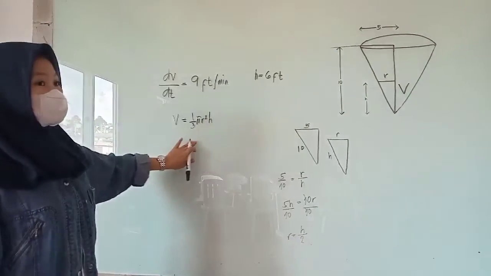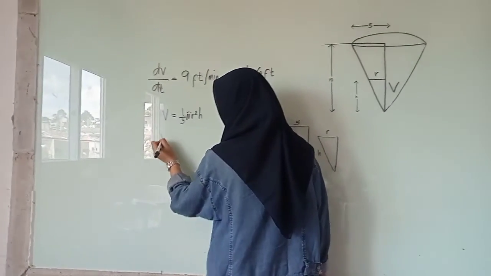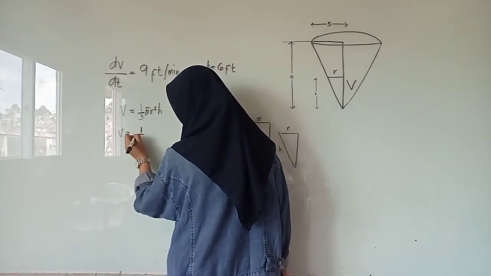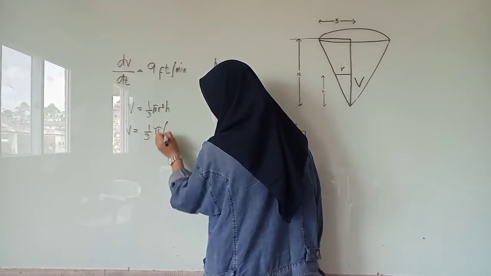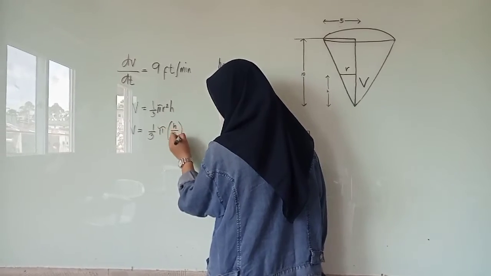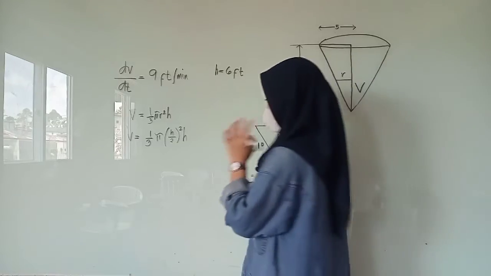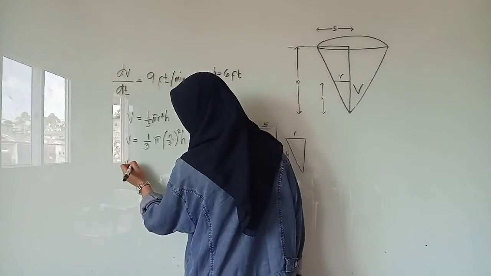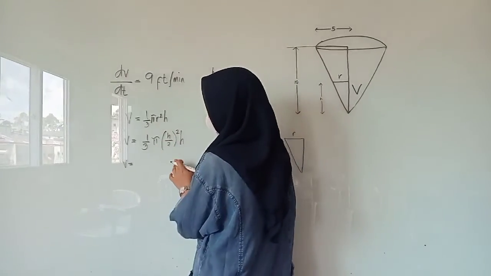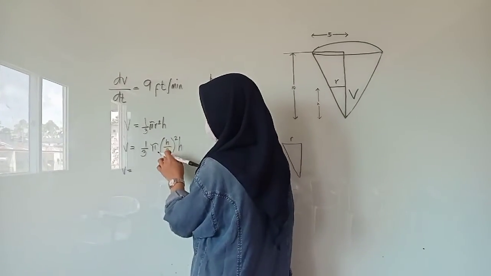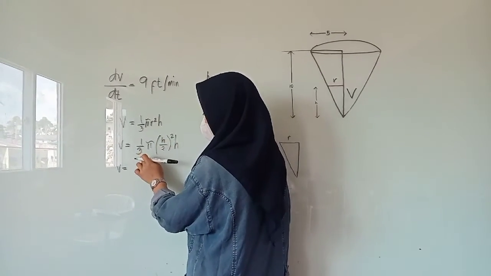So we substitute this into the formula of the volume. V is equal to 1/3 pi times h over 2, squared. Simplify the formula of the volume. h over 2 squared is equal to h squared over 4. So 4 times 3 is 12.